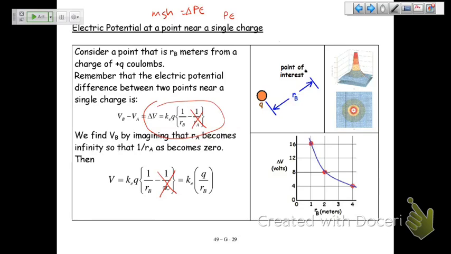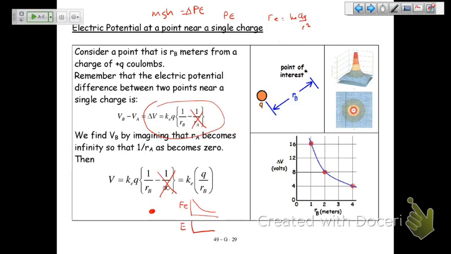Notice, as I go farther and farther away from a mass or a charge, my force versus distance, not inside the charge but outside the charge, is what? Inverse or inverse square? Inverse square. And my electric field?